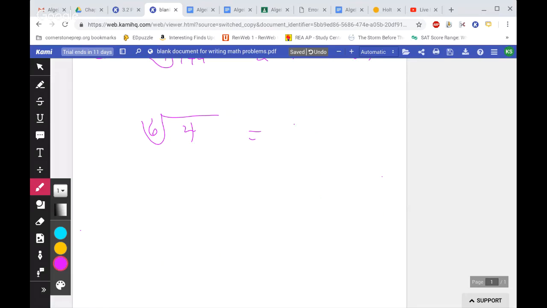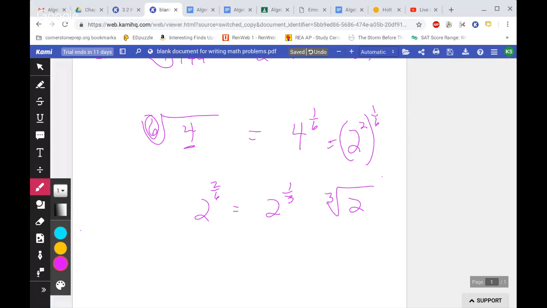So this is going to be 4 to the 1/6, which is 2 squared to the 1/6, which is 2 raised to the 2/6, which is 2 to the 1/3, which is written like that. So it's half of that with the square root of 4.